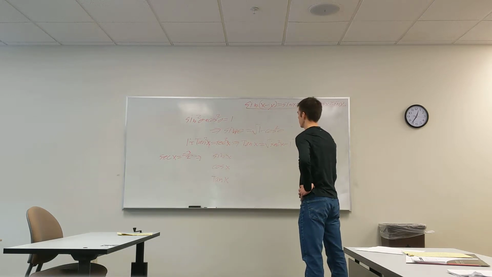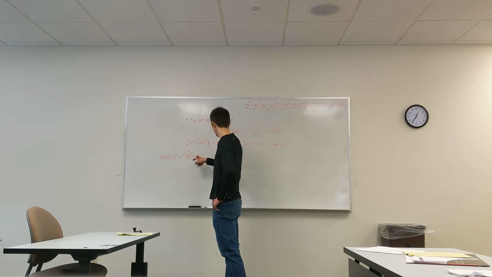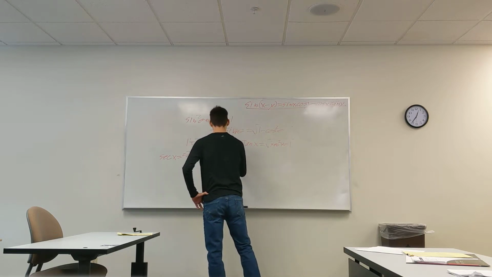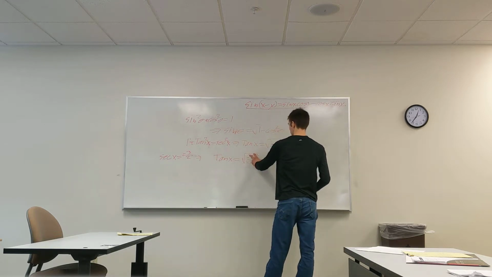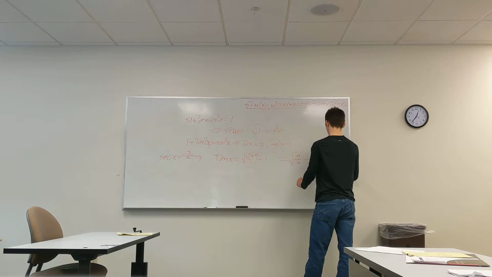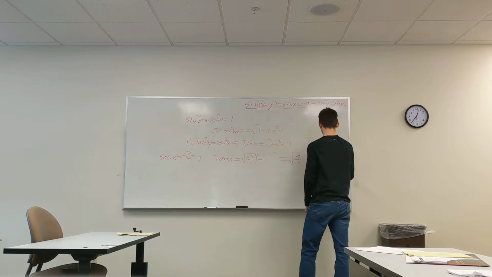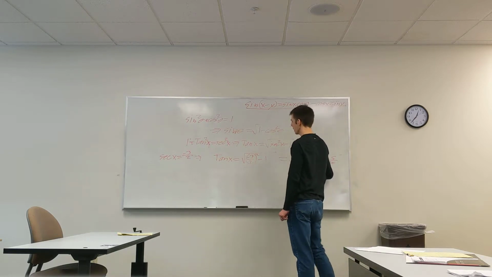So if I know secant of x is -3/2, then I can say tangent of x equals the square root of (-3/2) squared minus 1, which is the square root of 9/4 minus 4/4, which is 5/4, right, radical 5 over 2. That's tangent, right?